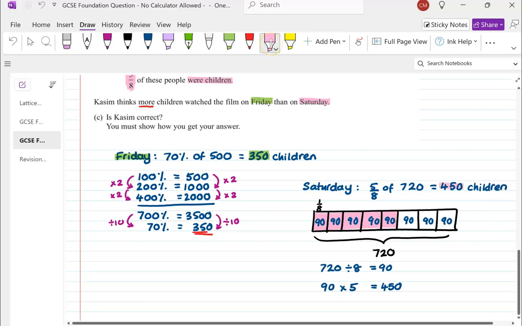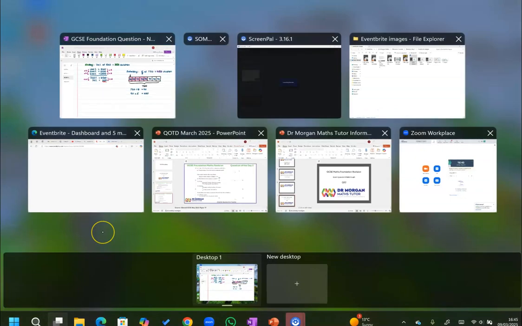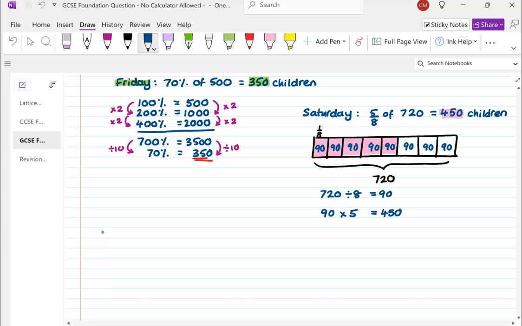So if I go back to the question and it says, is Kasim correct? Kasim thinks more children watched the film on a Friday than a Saturday. I don't think Kasim is correct. I think that there were more children on a Saturday actually. So I need to answer my question. So I'm going to say no. Kasim was not correct, or was incorrect.